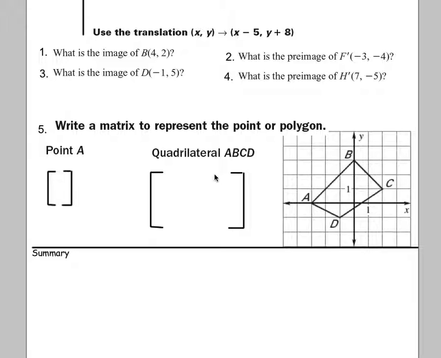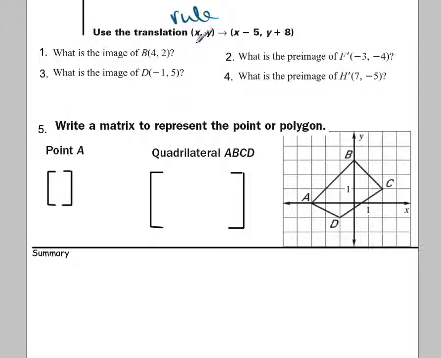So this is about translating right here. And there's two ways that they can tell you how to do a translation. They can use a rule or they can use a vector to tell you. This right here, this is a rule.